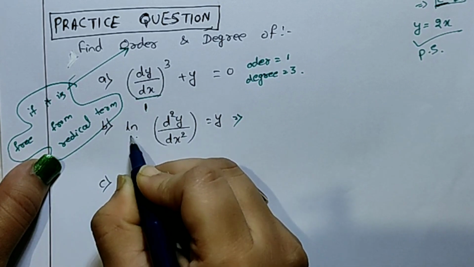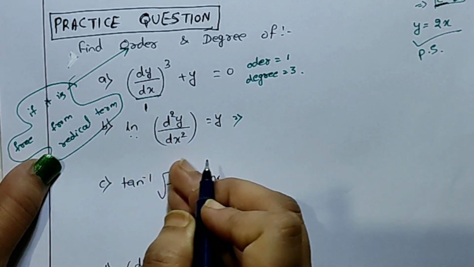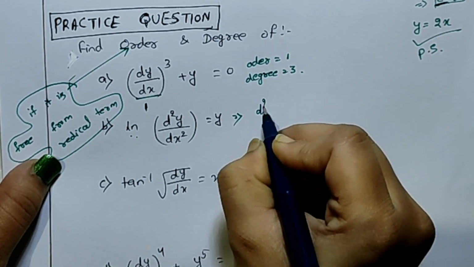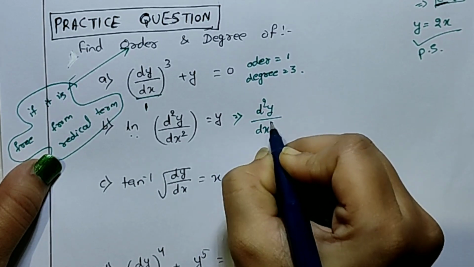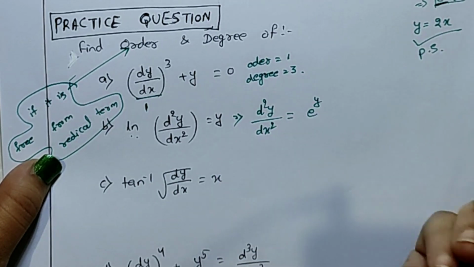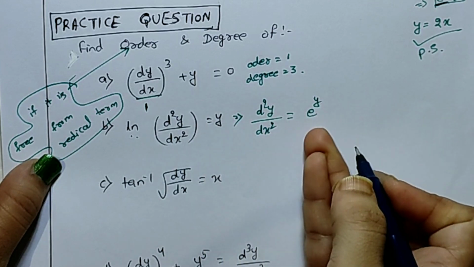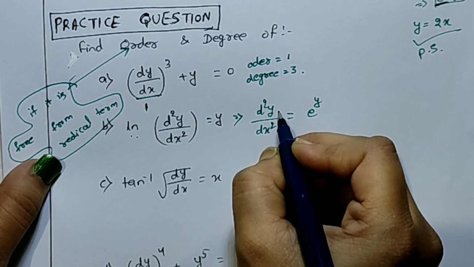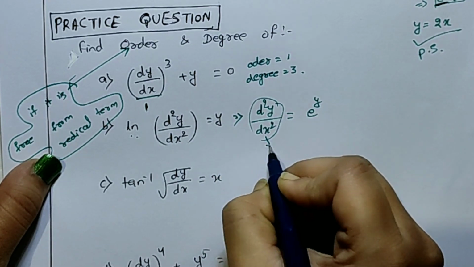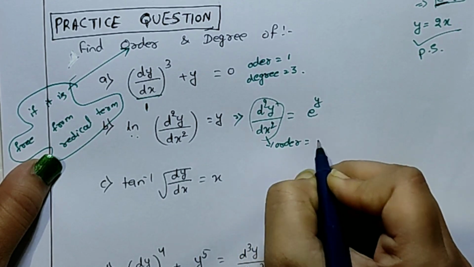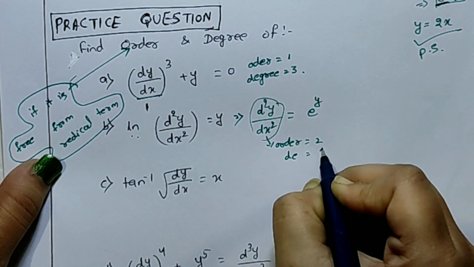If I take this ln to the right hand side, then I get d square y by dx square is equal to e power y. ln on the right hand side becomes e power y. So this is a differential equation of order 2 and degree 1.